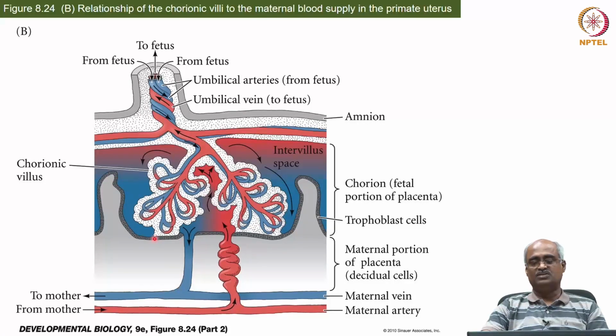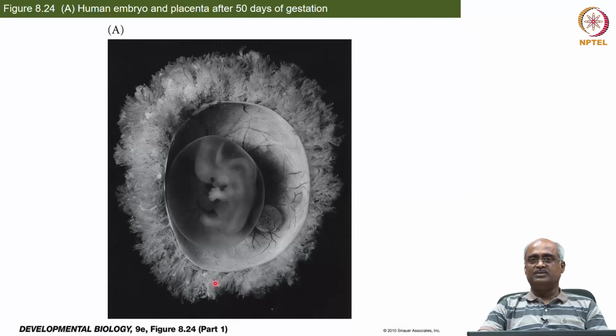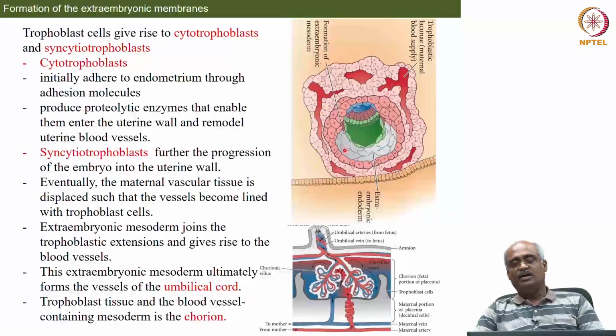syncytiotrophoblast cells. Okay. And the extra embryonic mesoderm that we saw earlier, like the cells here, this coming up here, a couple of them are visible in this and one in this side.